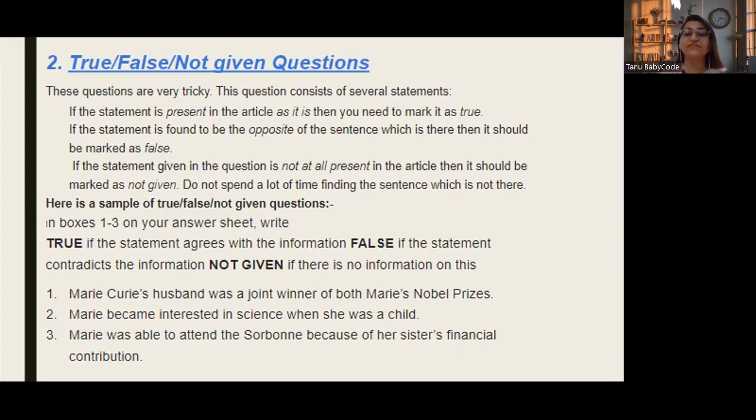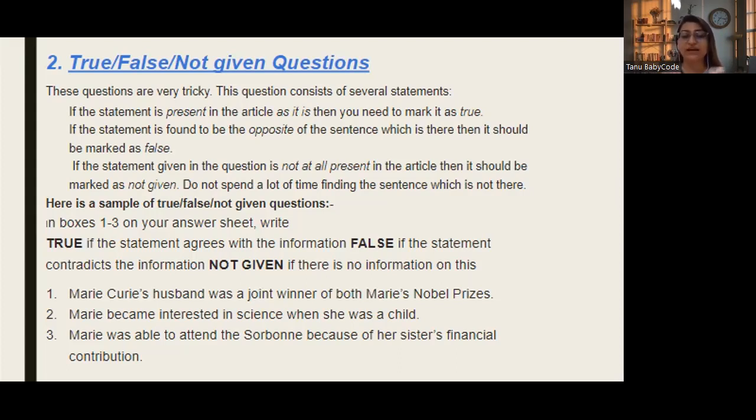Or suppose the statement given in the question is not at all present in the text, there is no matching statement and no contradictory statement, then it will be marked as not given. And do not spend a lot of time finding a sentence which is not there, because probably the chances are that it is not given, right?